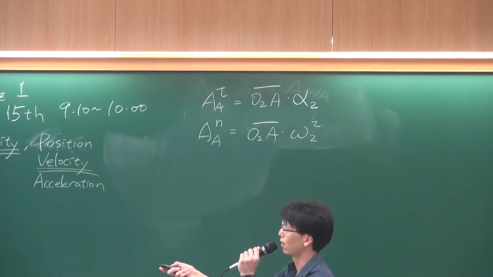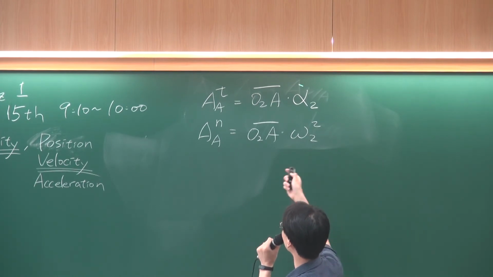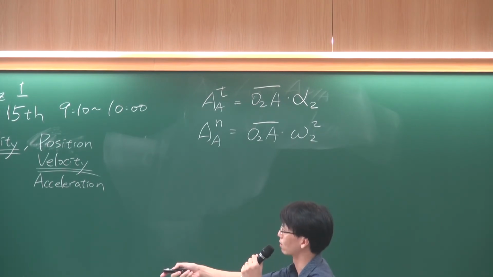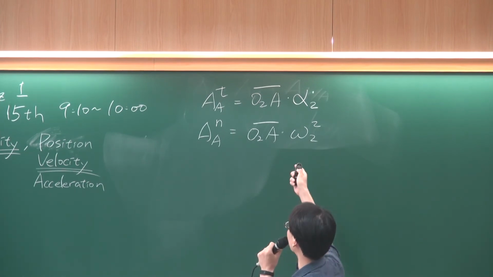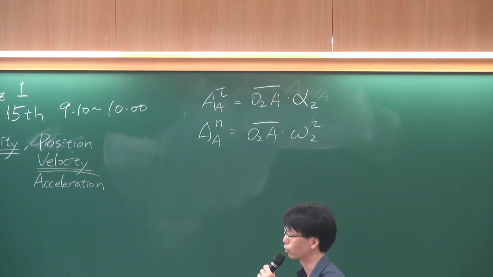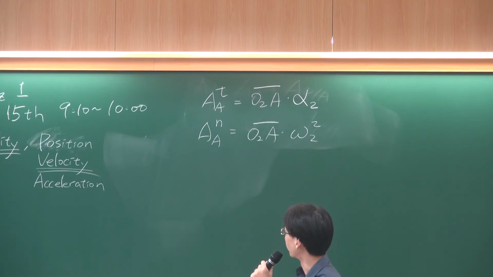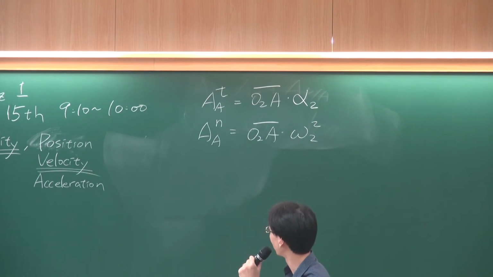Because the angular acceleration of the input is given, I can directly get this AAT just by using this expression. We simply measure the length of O2A, and then times the angular acceleration, then I can get the tangent component of the acceleration of point A. And for the normal component, it's basically the centrifugal acceleration.